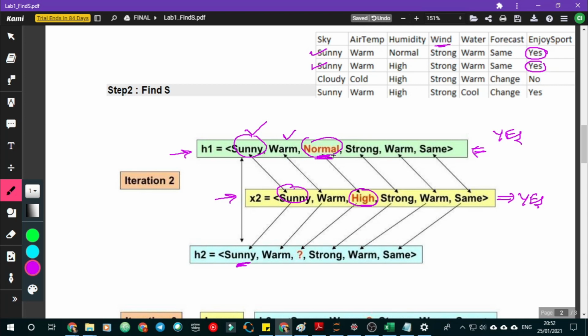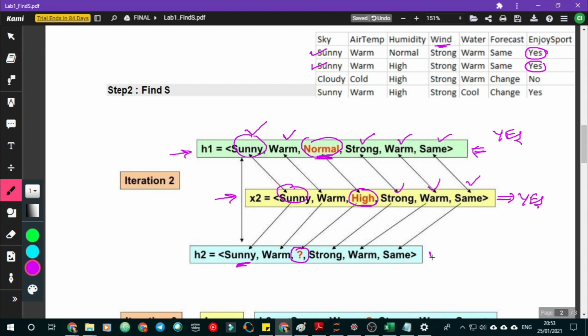I cannot keep the attribute value normal for the wind attribute as it is, so I need to make it general. That's why I made it a question mark. Clear? So this is the third attribute, the fourth attribute same, the fifth attribute same, and the sixth attribute same.